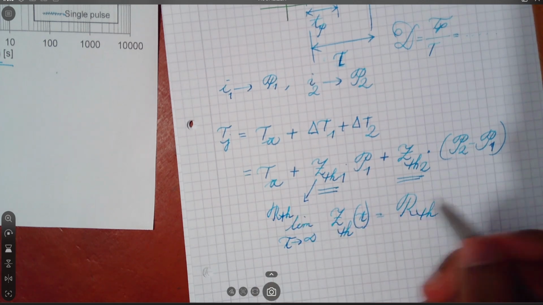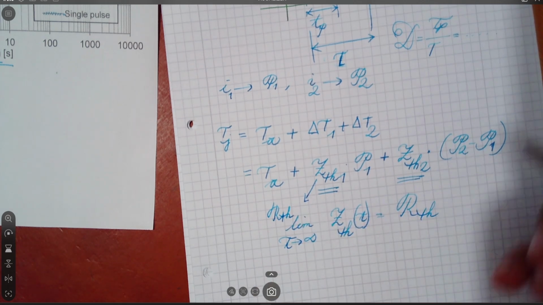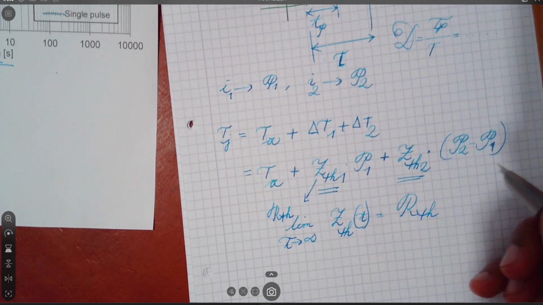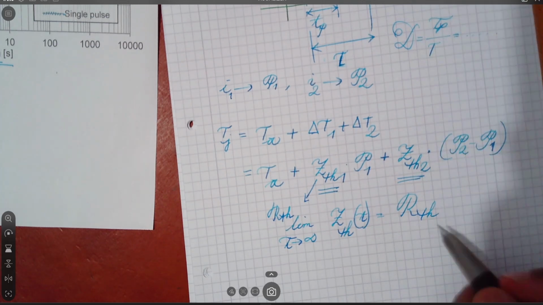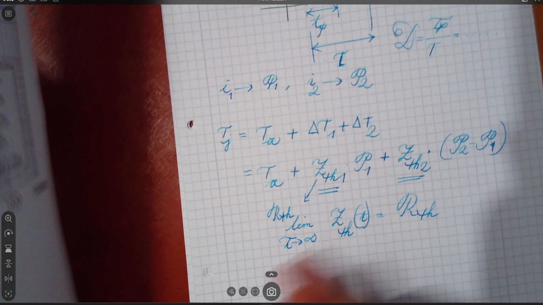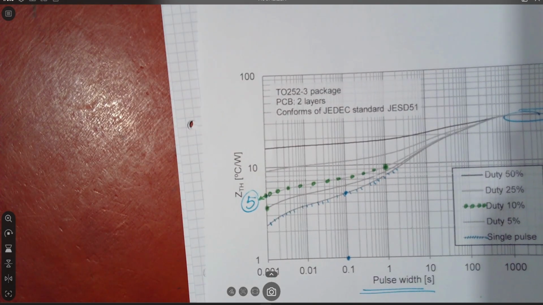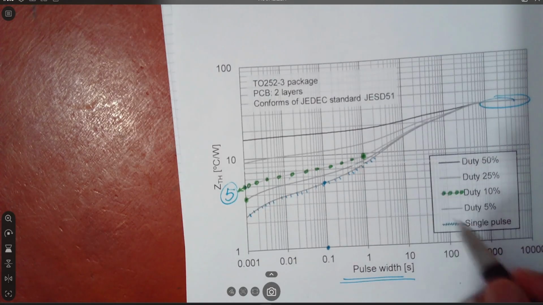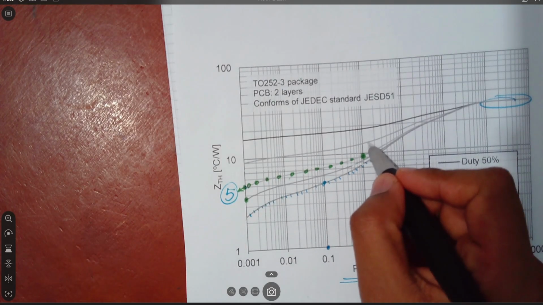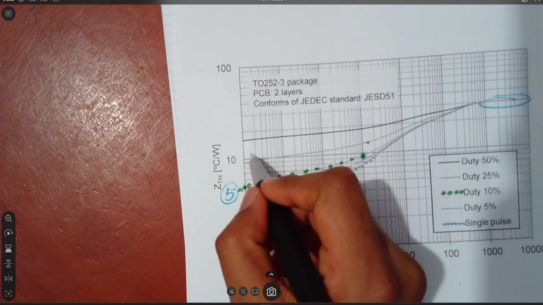And for the second part, which is the transient one, we also have a certain duty ratio for that part, and we need to consider that particular part. If it is 25% or any other duty cycle, we just need to go there and read the corresponding value of ZTH.